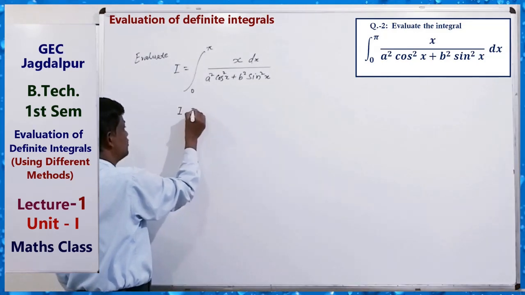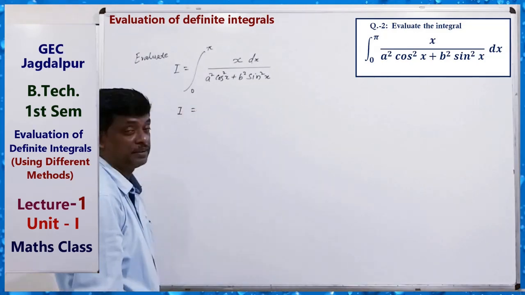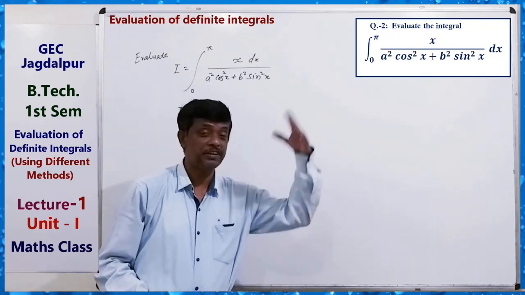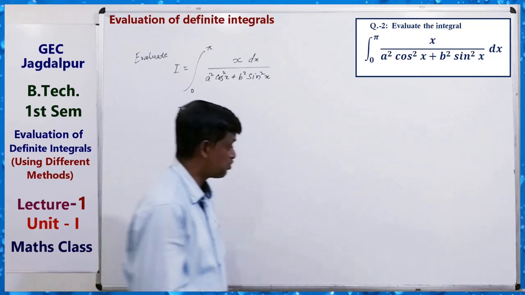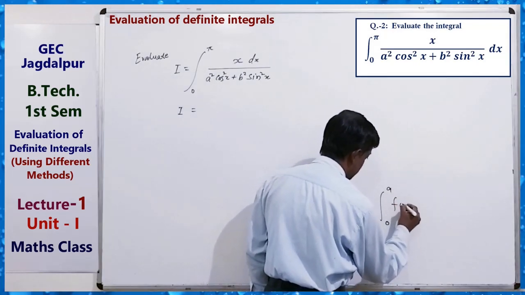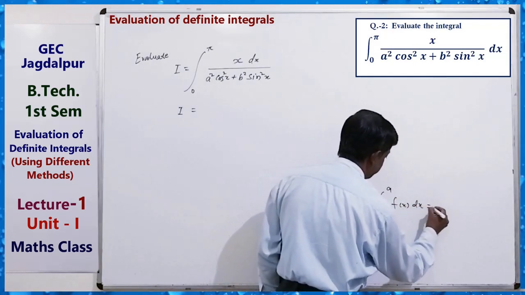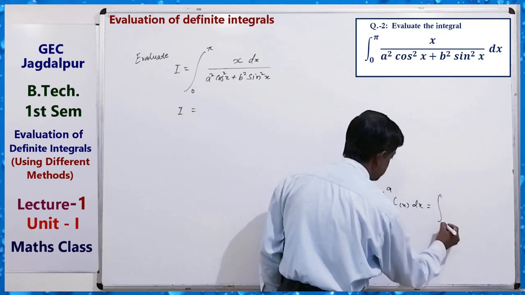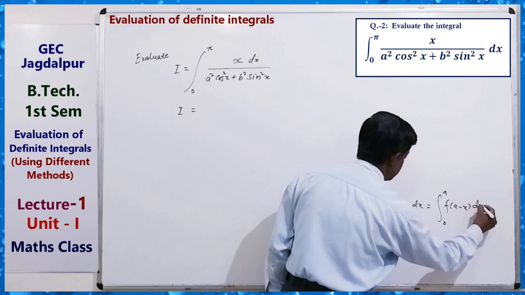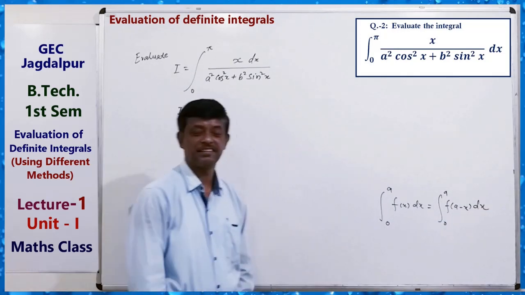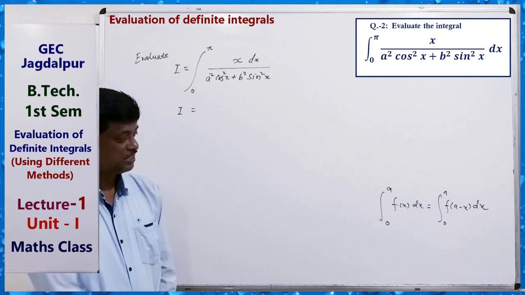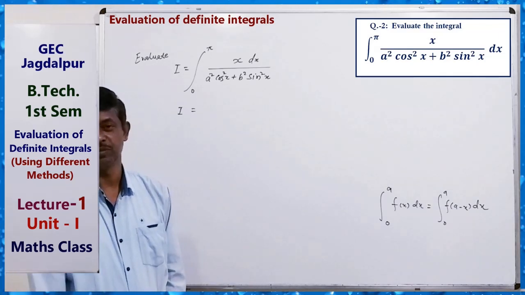So I equals to. Here, first of all, you have already seen that in the case of definite integration, this property is frequently used: integral from 0 to a of f(x) dx equals integral from 0 to a of f(a minus x) dx. Clear? This is a very useful property.